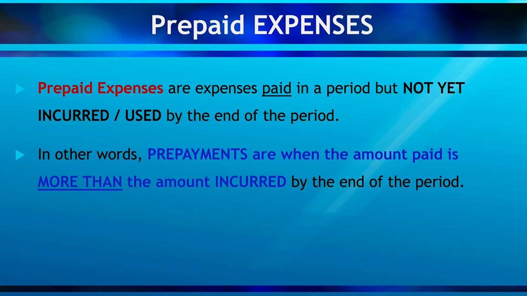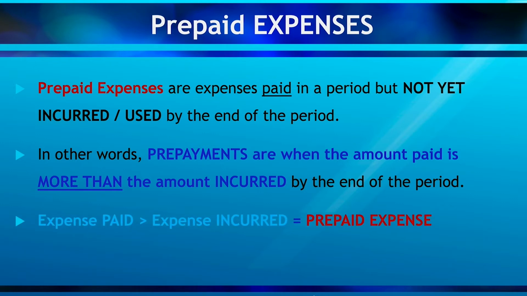All right, so we're moving on to the second one. Remember what we just did is the accrued expenses. Prepaid expenses are expenses paid but not yet incurred. In other words, prepayments are when the amount paid is more than the amount incurred by the end of the period. And this is just another way of looking at it.